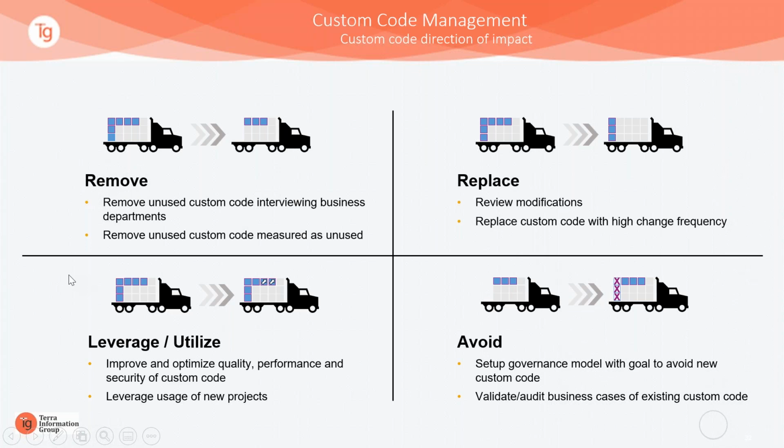It can also showcase custom code that you can utilize more to improve your performance or reduce your response time. And obviously then the last is avoid. You can even define some rules where you can modify some of the custom code for some landscape and create a tailor-made custom code environment for different user groups, where different users can access different kinds of custom code. All this information can be provided through custom code management.